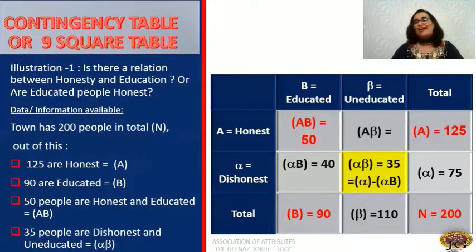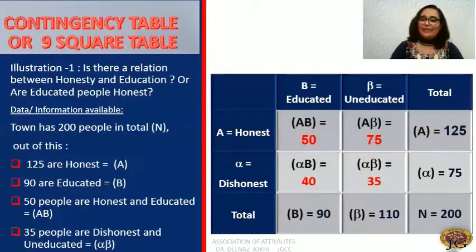Come on, you find out that frequency for me quickly. 125 minus 50, you can find it this way also. 110 minus 35, you can find it that way too. So whether you do horizontal calculation or vertical calculation, obviously you will get the same answer. Please calculate and find out A beta for me. Come on, quickly.